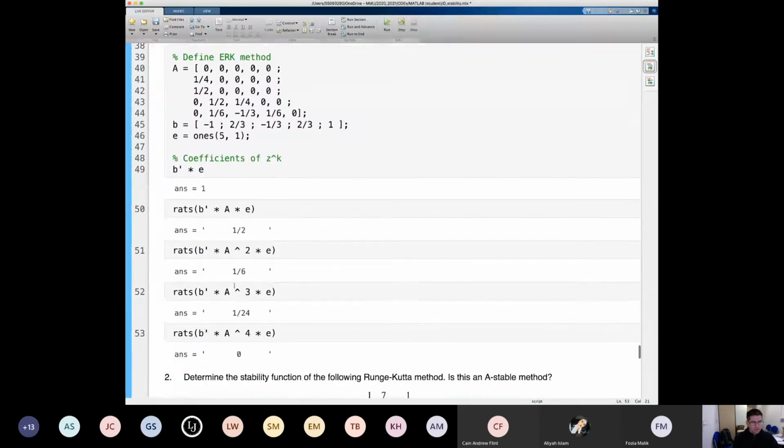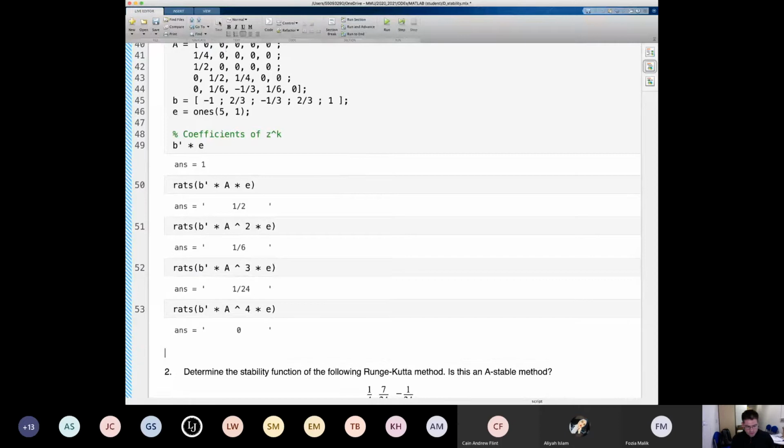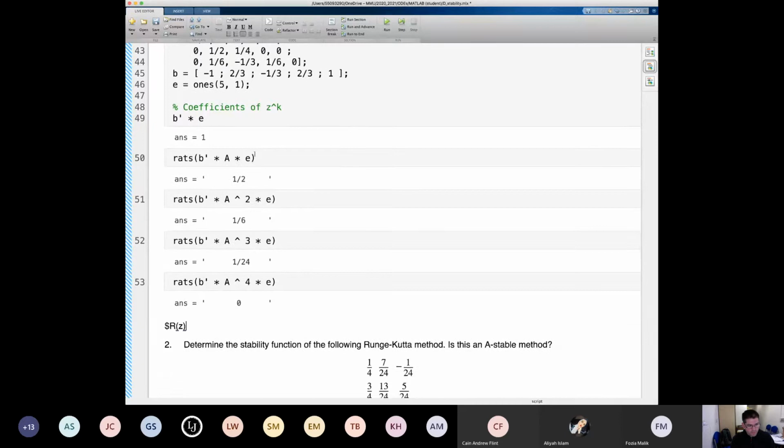Okay, so you can see these are my coefficients of the various values of Z. So what I'm going to do is put them together and write them in an equation.